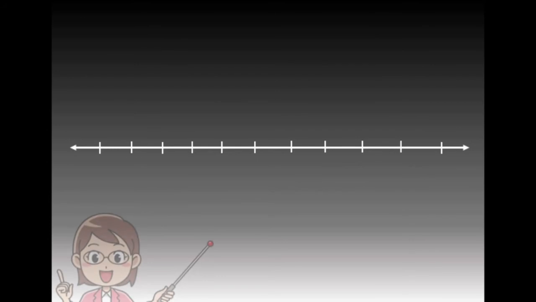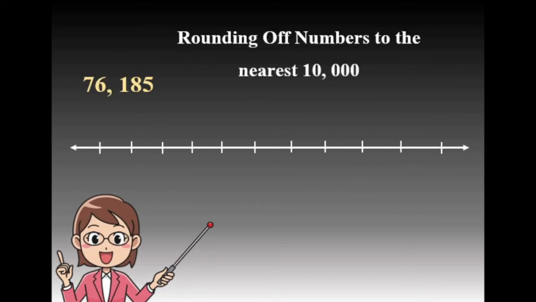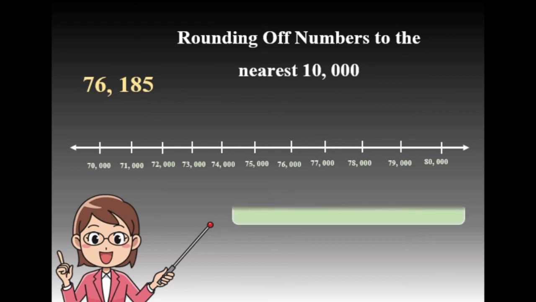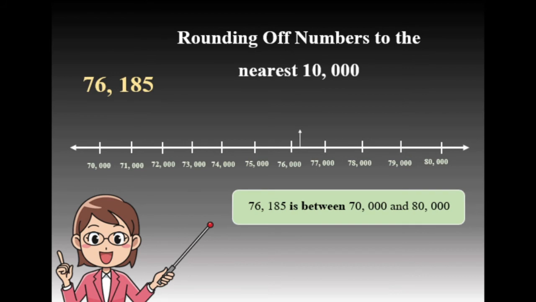Next, how about rounding off numbers? 76,185. Where is 76,185? It's between 70,000 and 80,000. What number is it nearer?